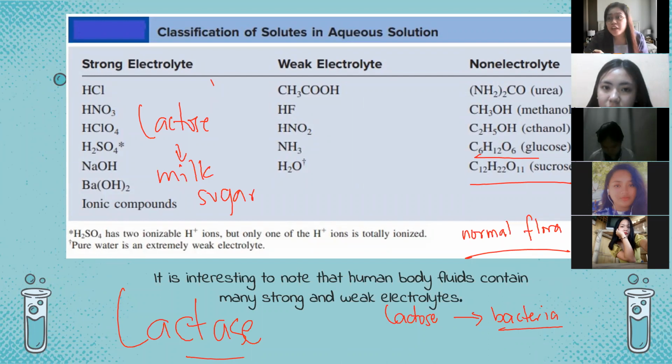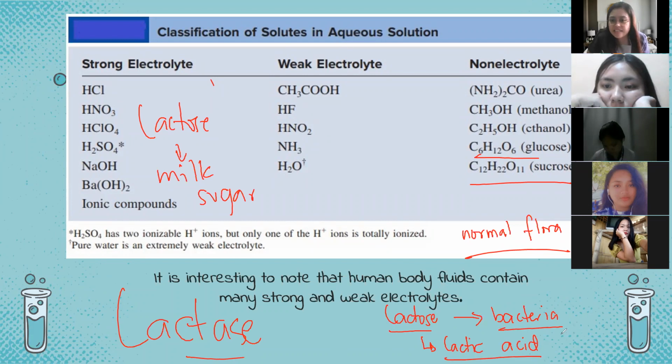Right, we drink Yakult, don't we? Those are live probiotics. Probiotics are bacteria that we need in our body. When the bacteria metabolize lactose, it will give you lactic acid.